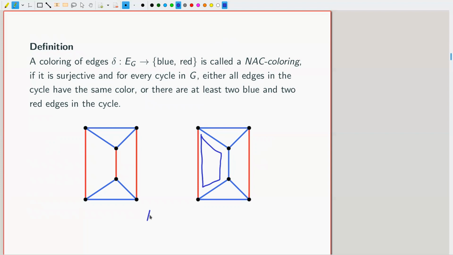That's something we call an almost cycle, because almost all edges have the same color and only one is the other color. And that's the reason for the NAC abbreviation. So if there is no almost cycle, that's where the NAC comes from.